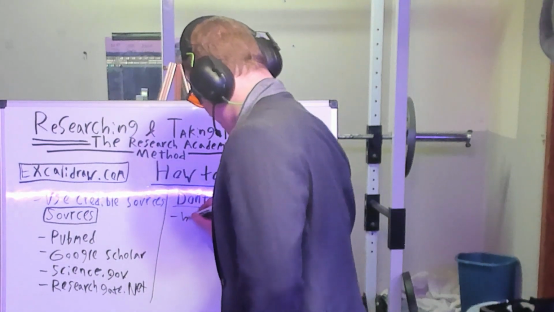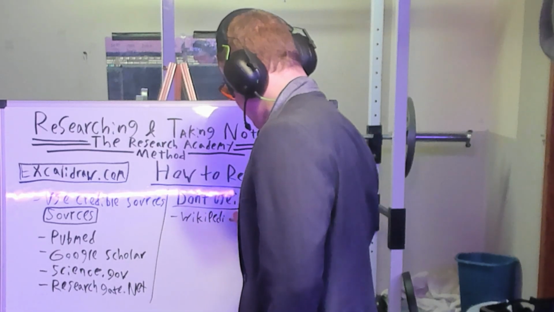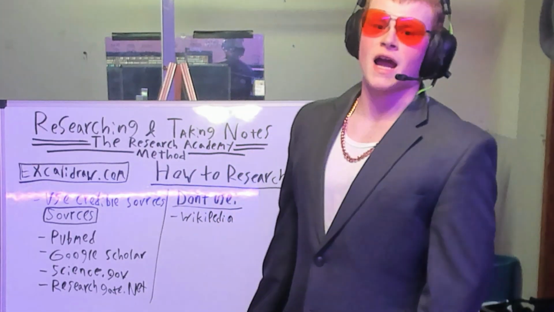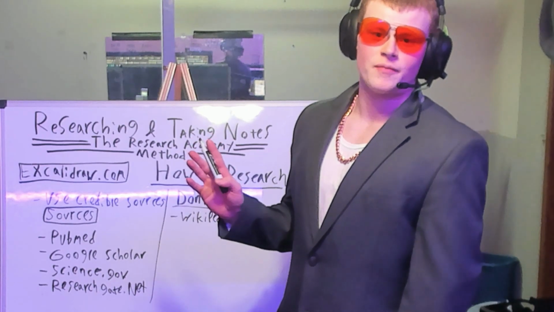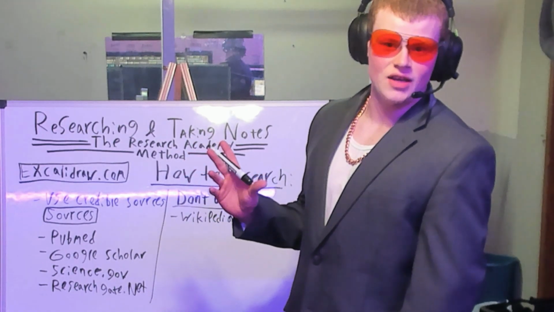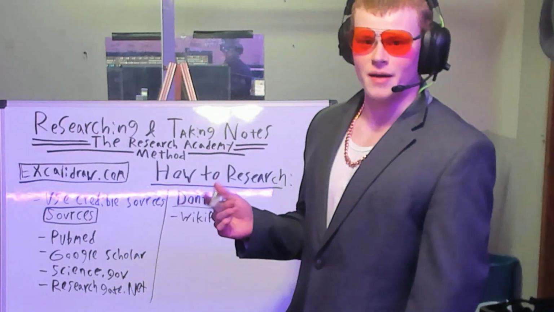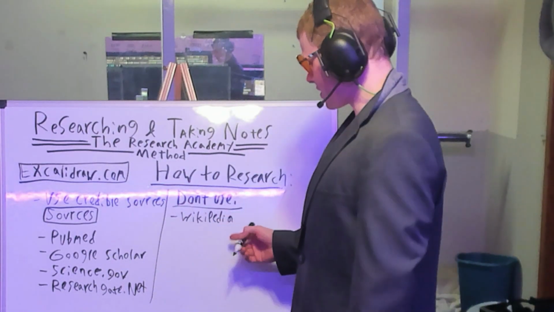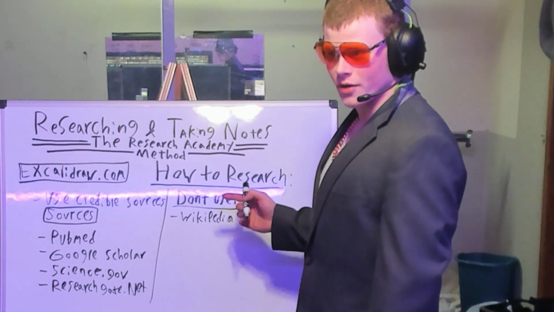First one is Wikipedia. I will leave one exception for Wikipedia. The only exception is that if it's an extremely obvious point that most people know, okay? If it's an extremely obvious point and it's from Wikipedia, that's okay, okay?